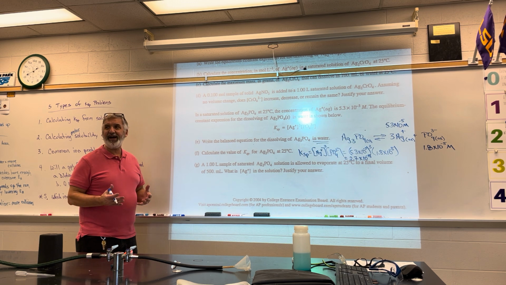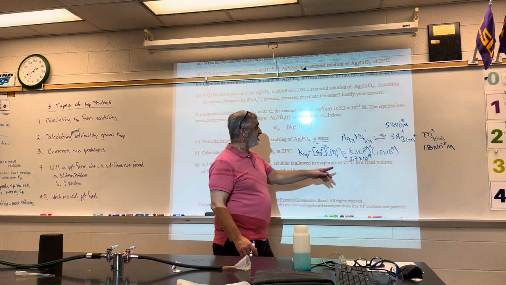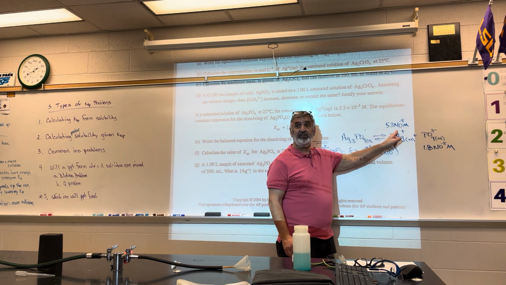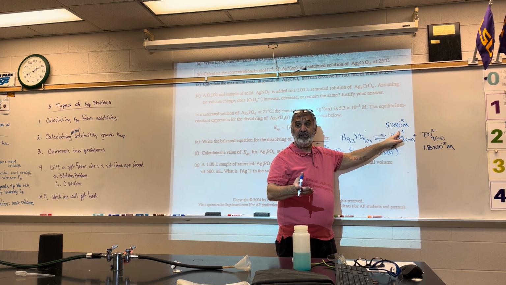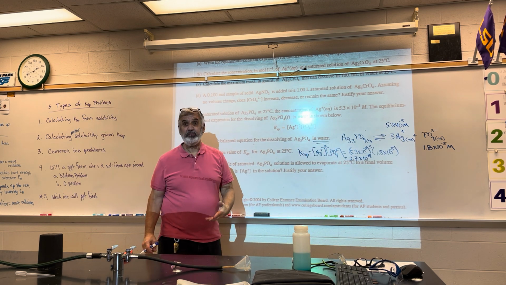So as the water evaporates, what are we gonna observe? We're already saturated at this concentration. So if water begins to evaporate, what has to happen? More precipitate. It's got to go left.